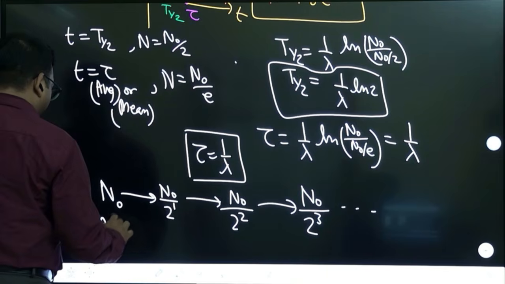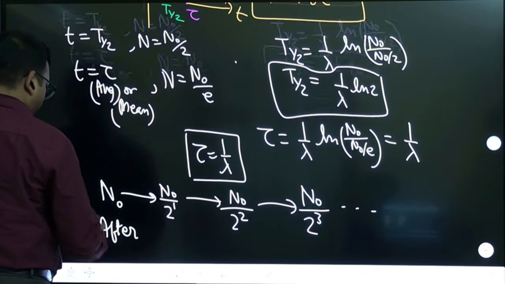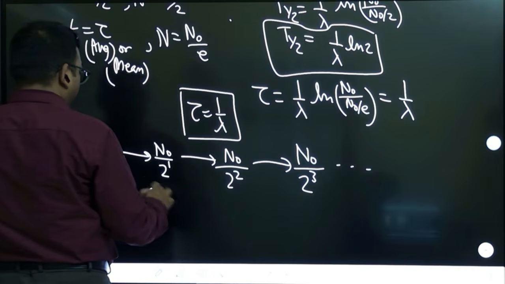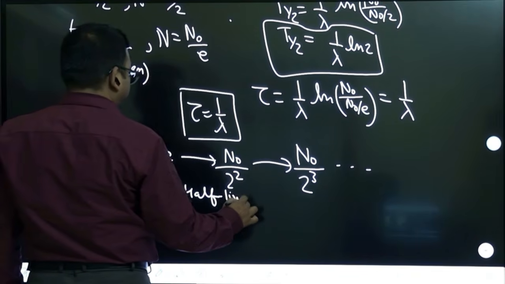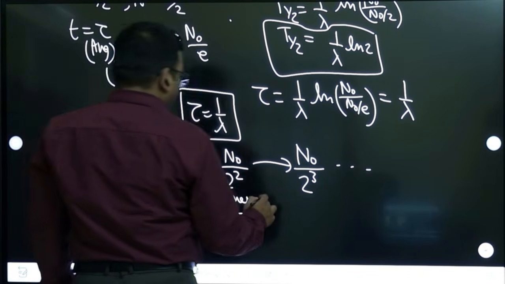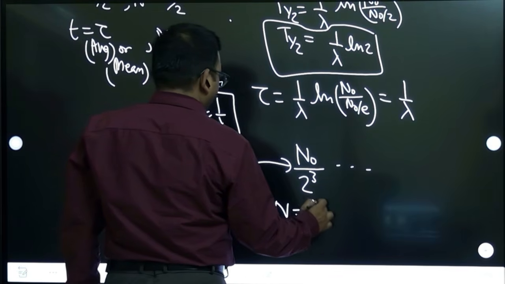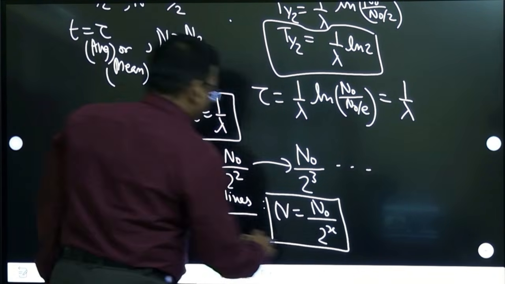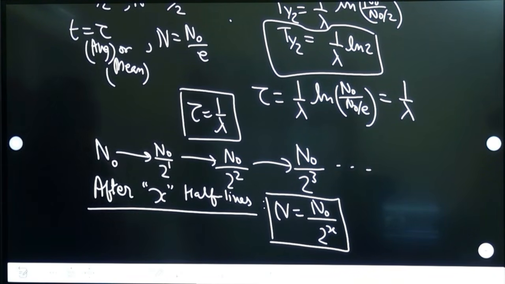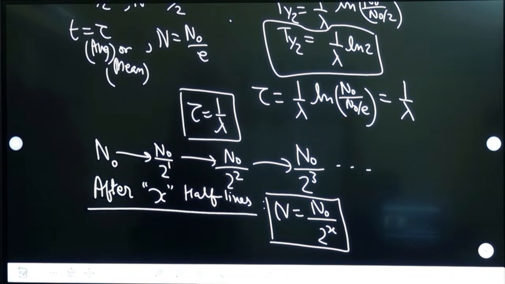So after x half-lives, the number will be N naught by 2 to the power x. After x number of half-lives. Okay, so this is what we have to note.